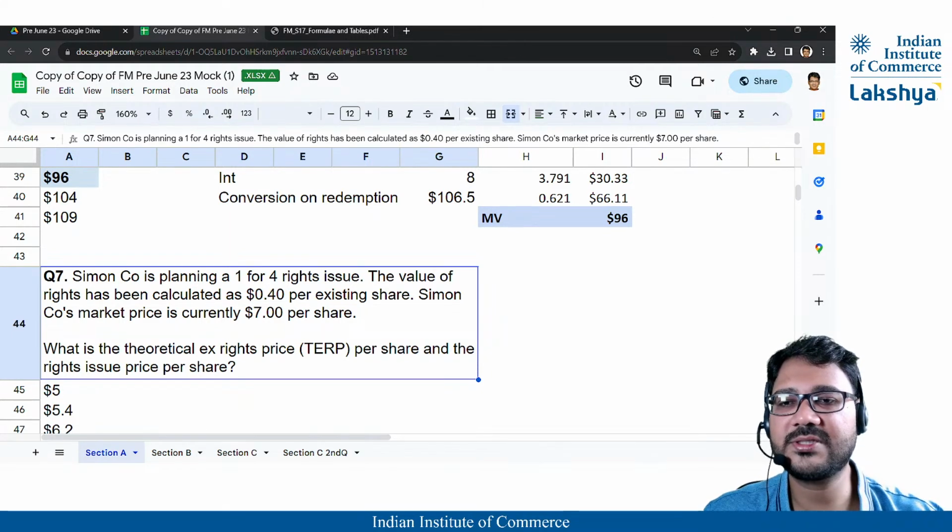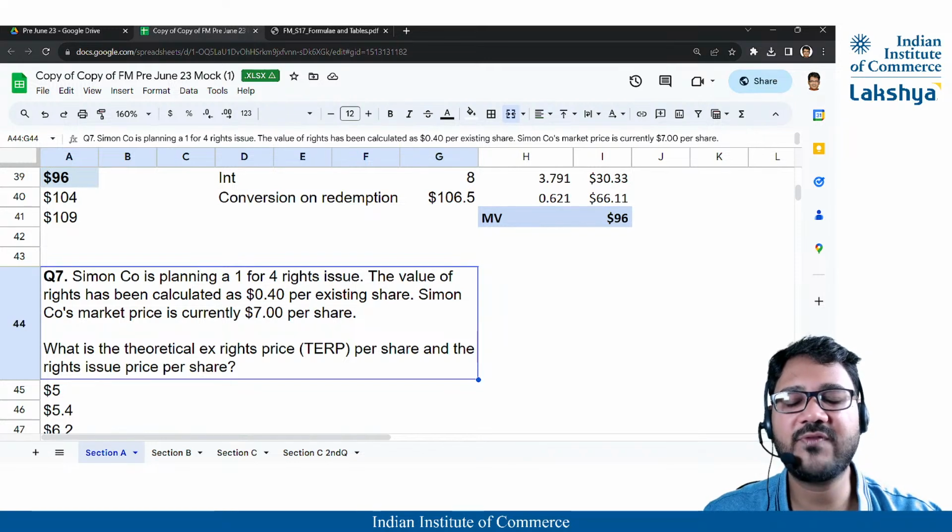Now, Simon Company is planning a 1-for-4 rights issue. The value of rights has been calculated as 40 cent per share. Simon Company's market price is currently $7 per share. What is the theoretical ex-rights price per share and the rights issue price per share?